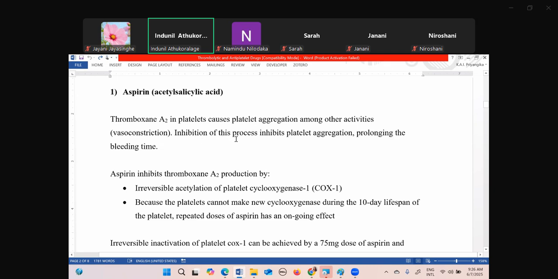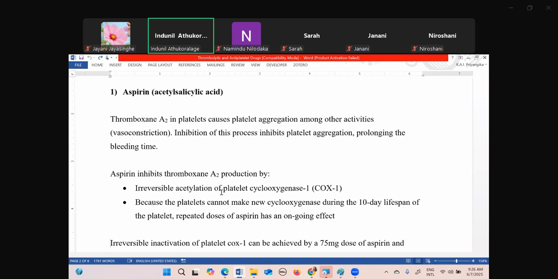Inhibition of this process inhibits platelet aggregation, prolonging the bleeding time, right? So aspirin inhibits thromboxane A2 production by irreversible acetylation of platelet cyclooxygenase 1 or COX-1, because the platelets cannot make new cyclooxygenase during the 10-day lifespan of the platelet.